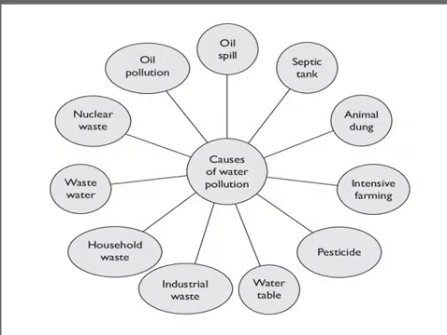You see a very fascinating and beautiful diagram of the causes of water pollution. There are so many: oil spills in water or rivers, tankers, septic tanks, animal dung, intensive farming, pesticide use, water tables, industrial waste, household waste, sewerage waste, waste waters, nuclear waste, and oil pollution.